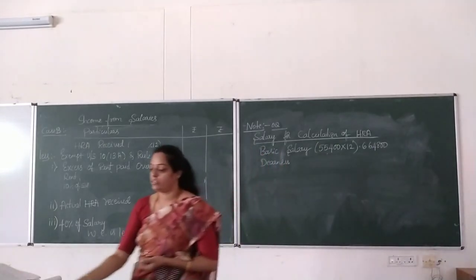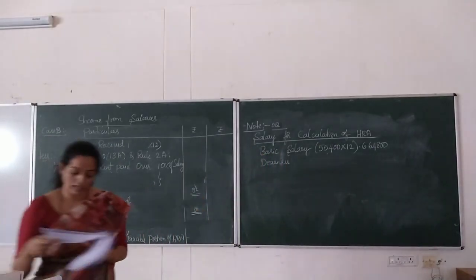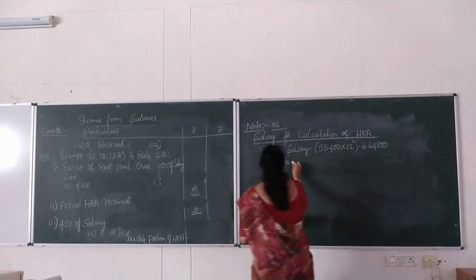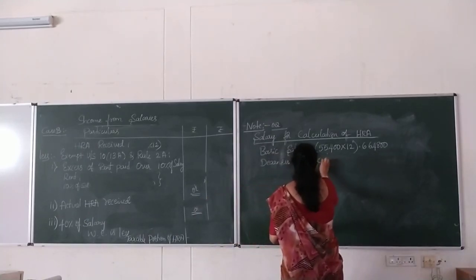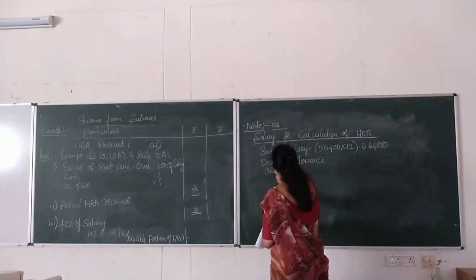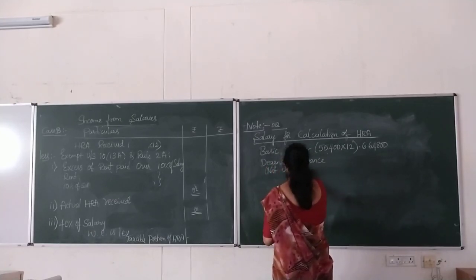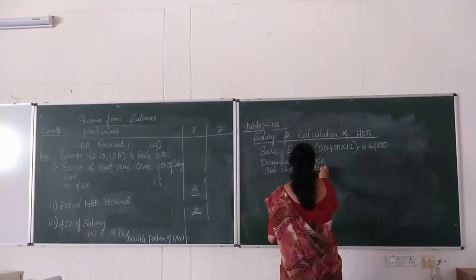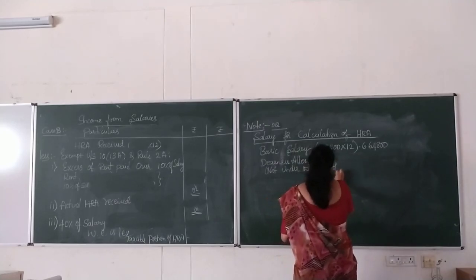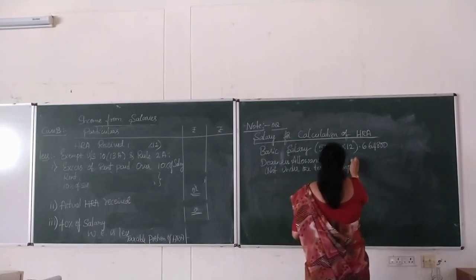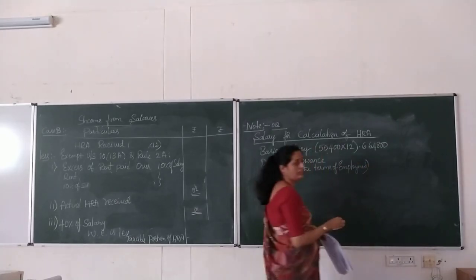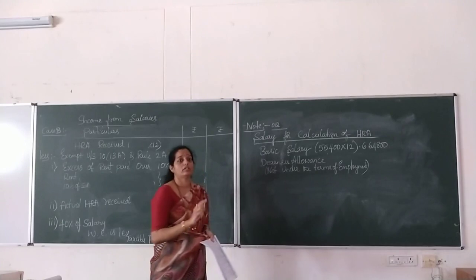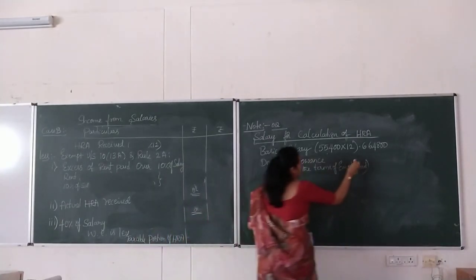So DNS allowance not under the terms of employment is nil. We should not consider it. If it is given under the terms of employment, we need to consider. So here it is nil.